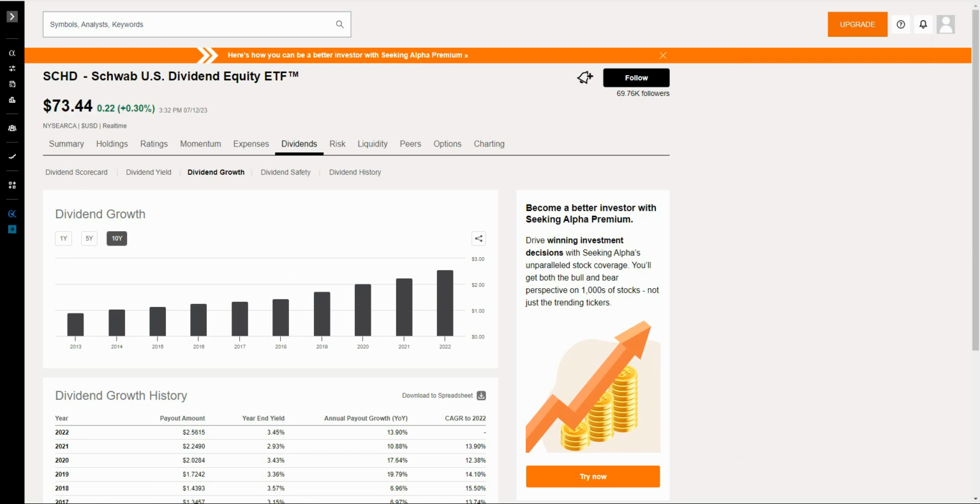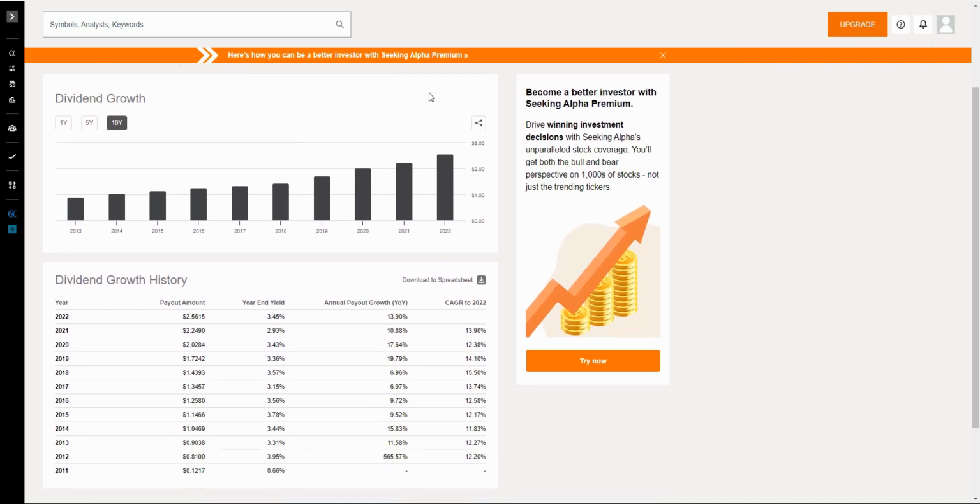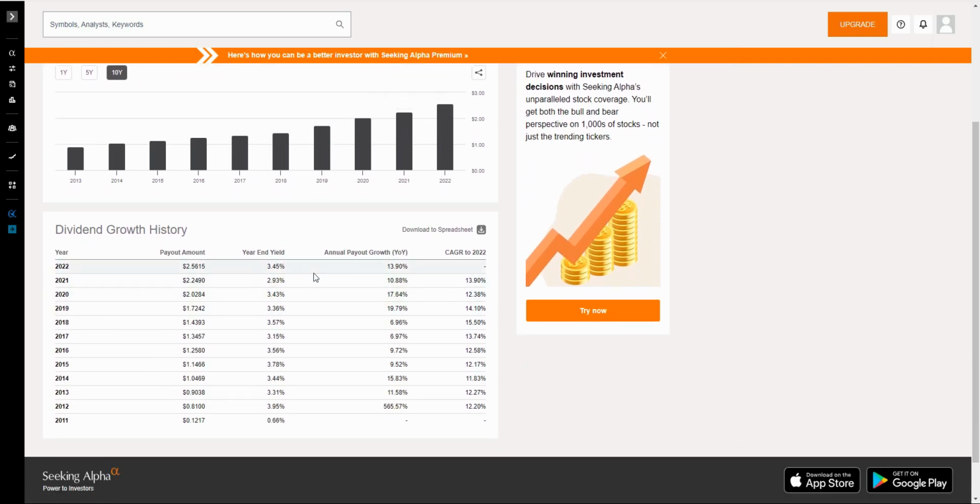Now, what that doesn't account for is dividend growth. So over time, the dividends of the asset, in this case SCHD, will grow. The amount it grows varies, but it's important to know that dividends should generally increase over time if the asset performs well.